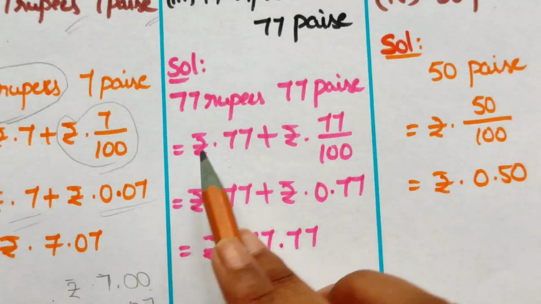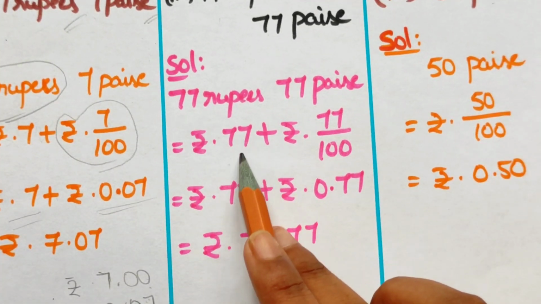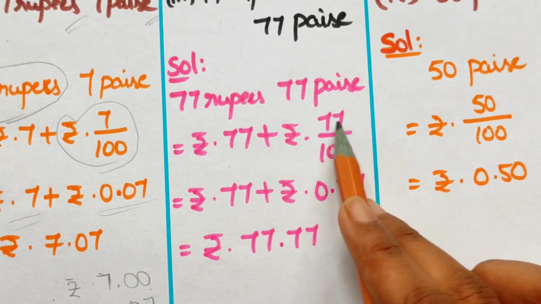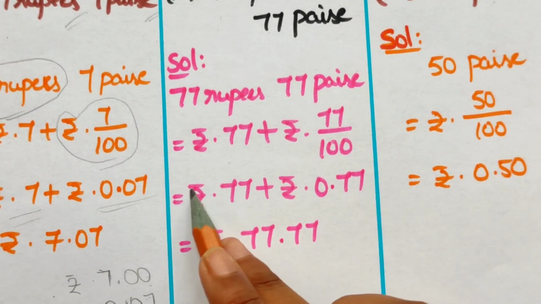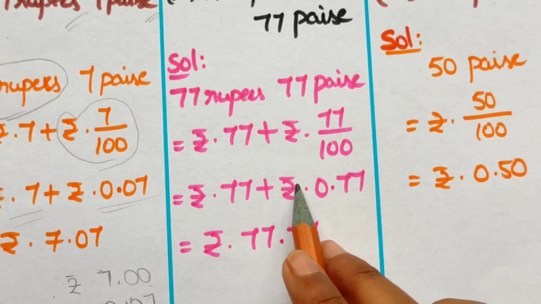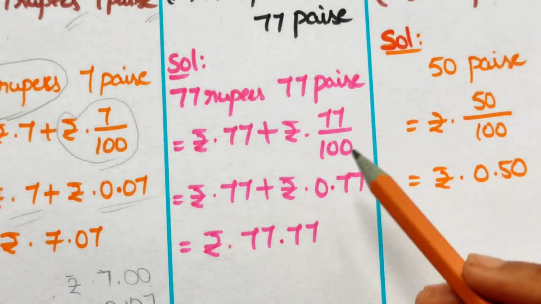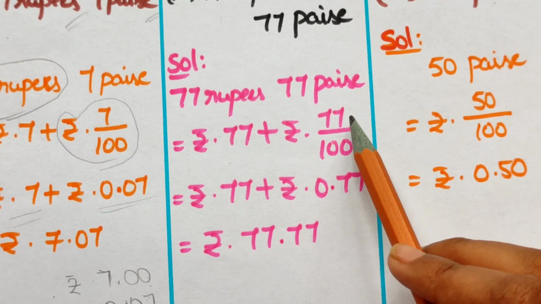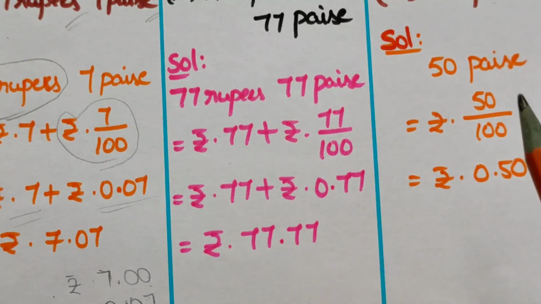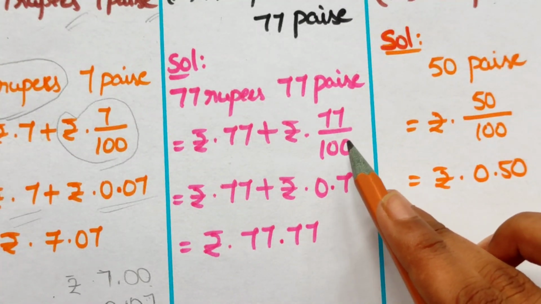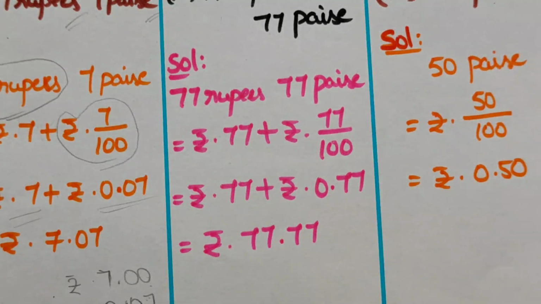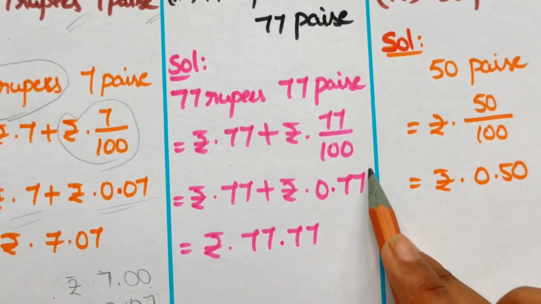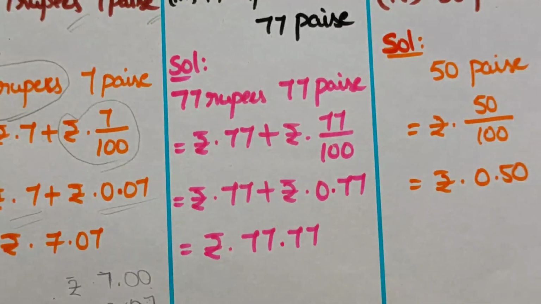Okay. Now here it is rupees 77 plus rupees 77 by 100. Converting this 77 by 100 into decimal is very easy. By converting into decimal, we get 0.77 because it has two digits, so let us put the decimal before two digits.